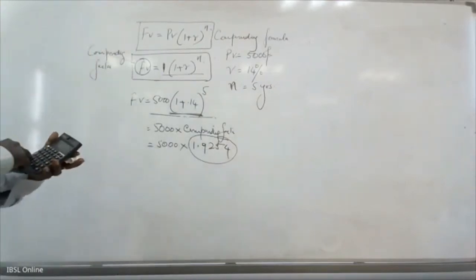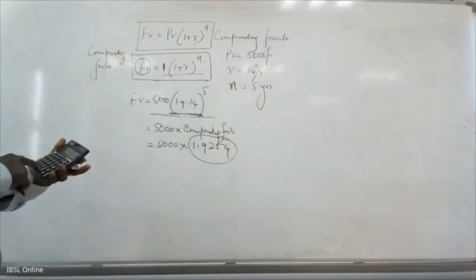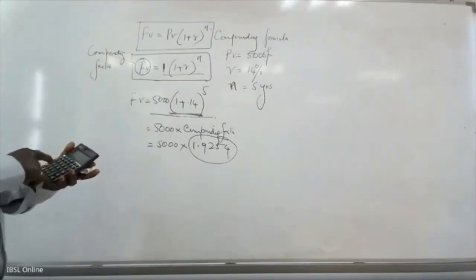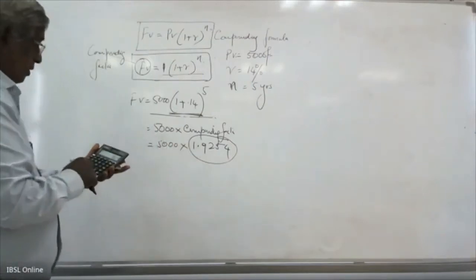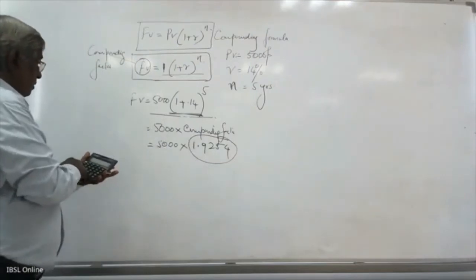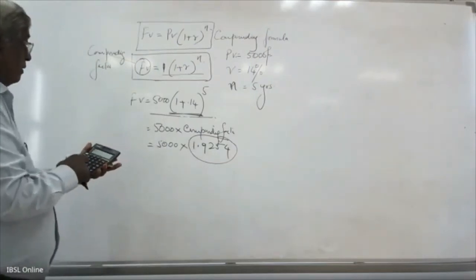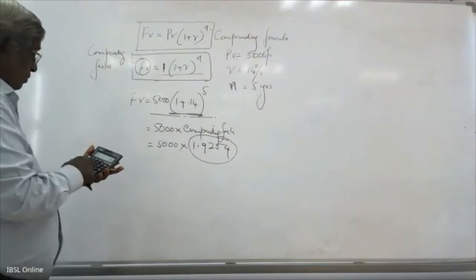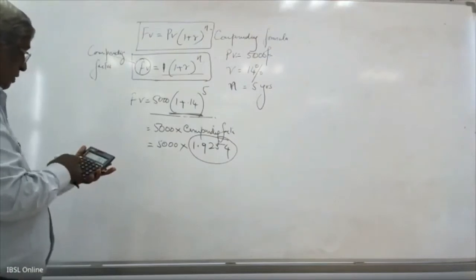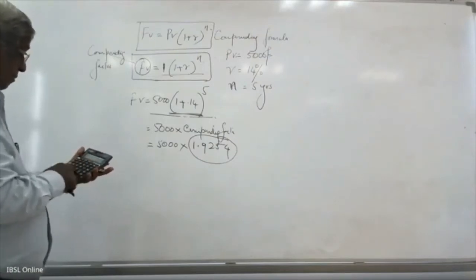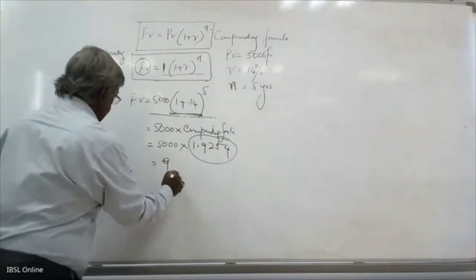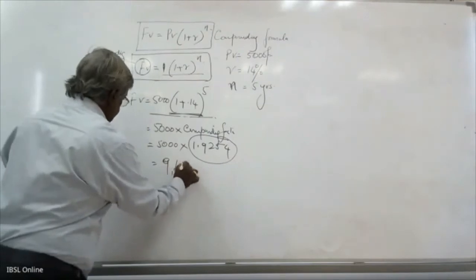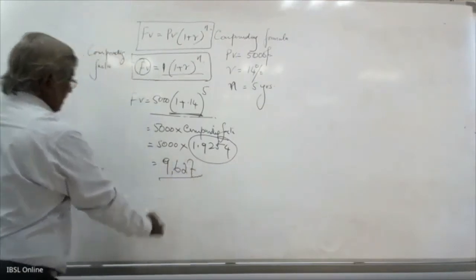Now multiply 1.9254 into 5,000, which is equal to 9,627.